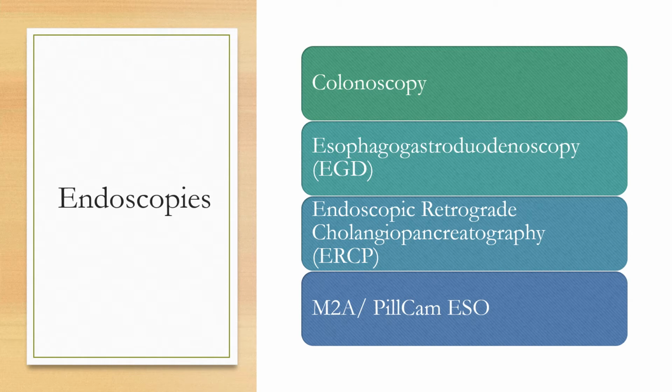Okay, so let's talk about endoscopies. An endoscopy is a general term for basically a scope, right? So it's to visualize the upper intestinal area or the lower intestinal area. An upper endoscopy, to shorten the term, is a gastroscopy, right?